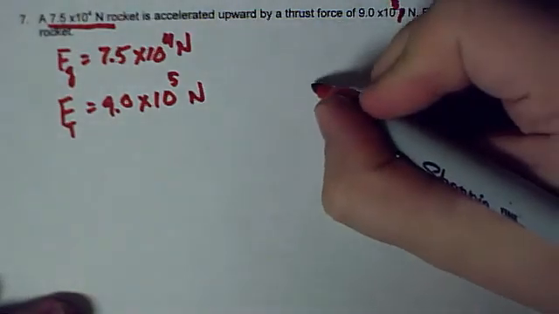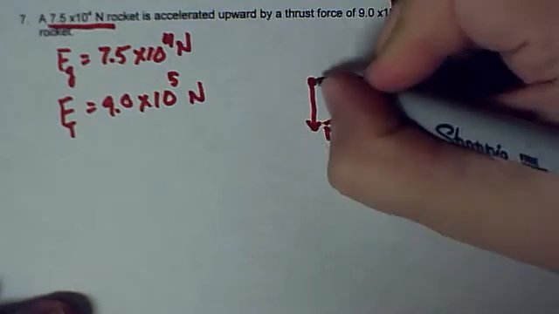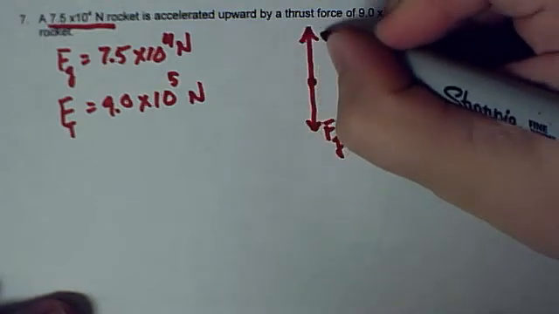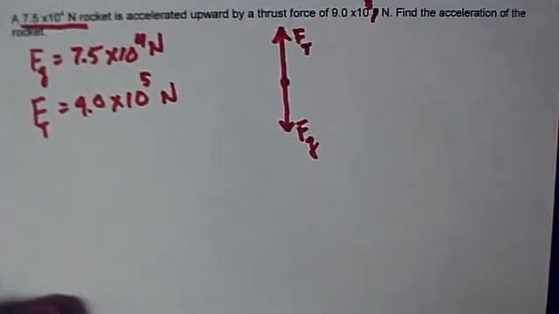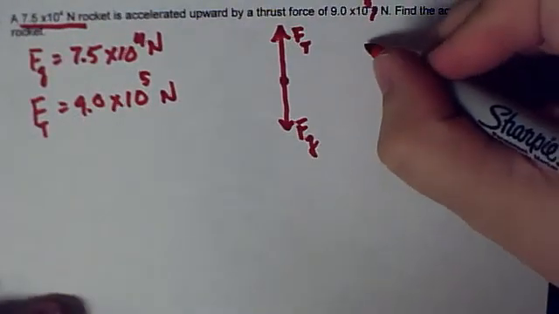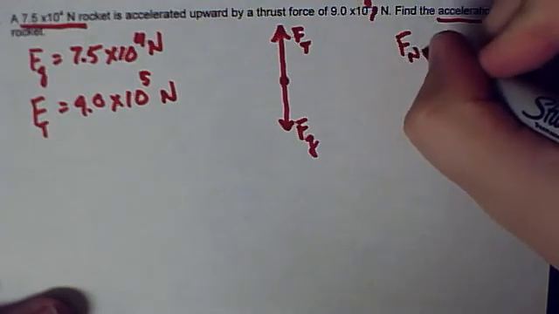So, if we draw a free body diagram, you've got the force of gravity acting down and the thrust force acting up.